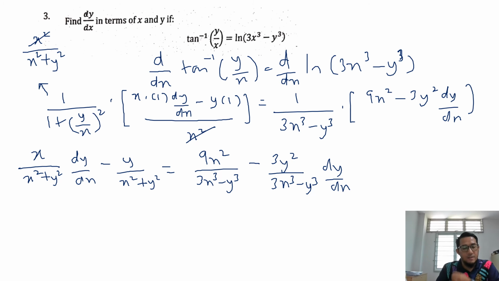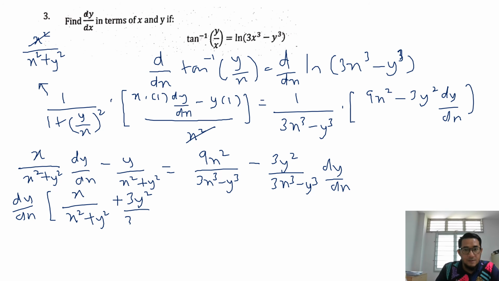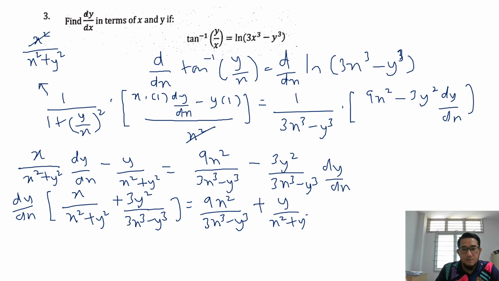Okay, and then we separate the expression with dy/dx and the one without dy/dx. So maybe you can factorize that directly. dy/dx times x over x squared plus y squared plus 3y squared over 3x cubed minus y cubed equals to, and then this one bring to the right side. So 9x squared over 3x cubed minus y cubed plus y over x squared plus y squared.